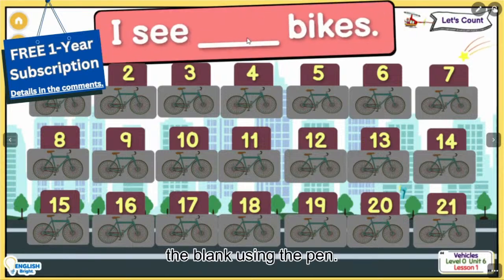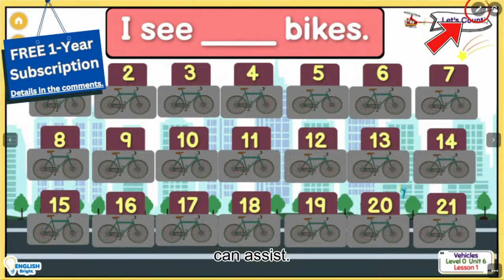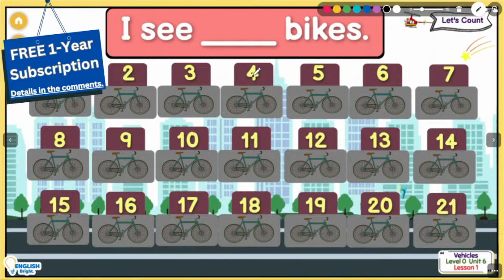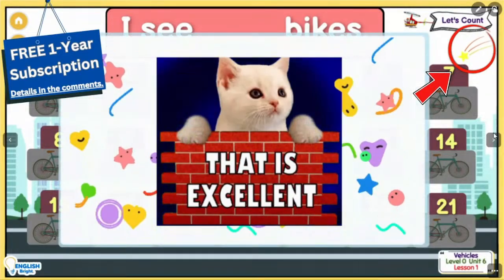The student can then write their answer in the blank using the pen. If students lack this feature, the teacher can assist. Once done, click the star for a reward.